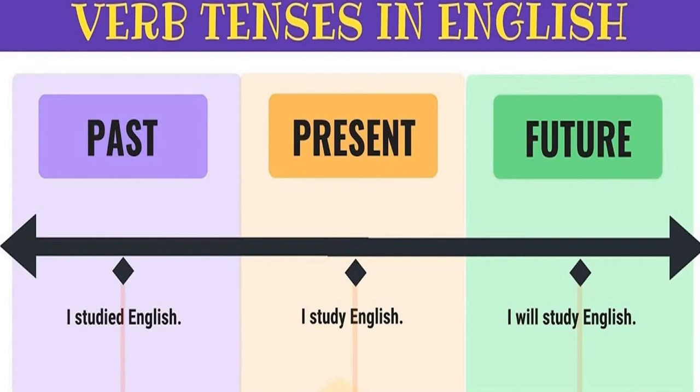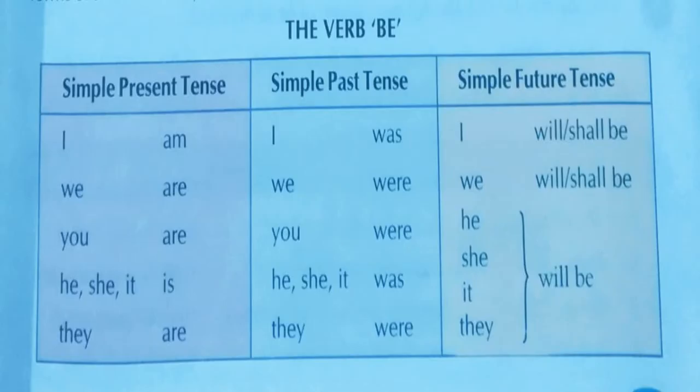So students will learn the three forms of tense of verbs be, do and have. Okay, be, do and have we will learn today. So these tables I have taken from your book itself, from your grammar book.